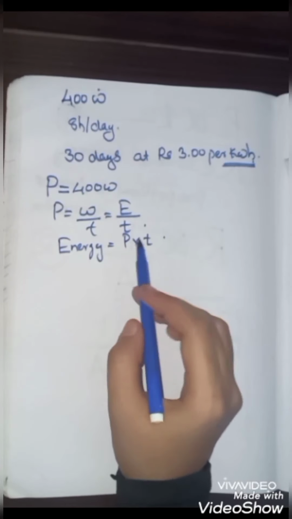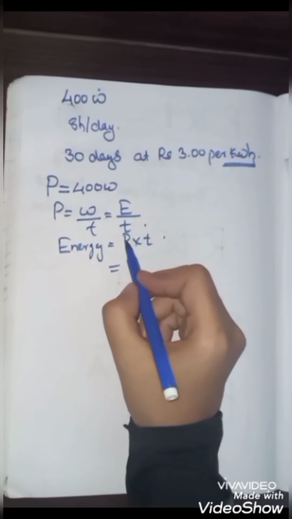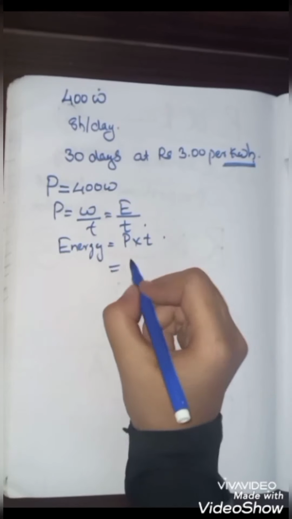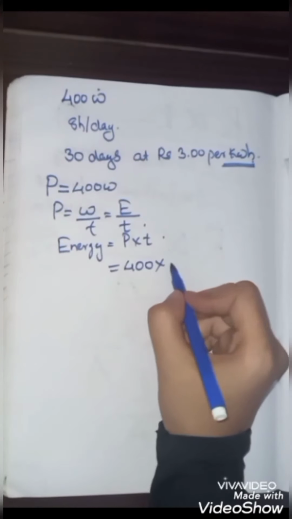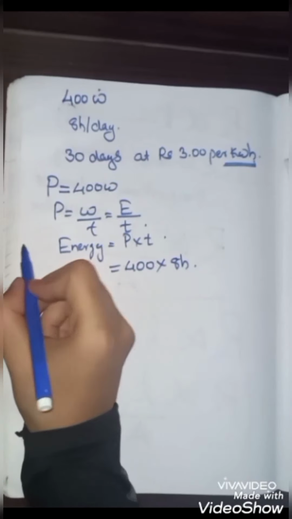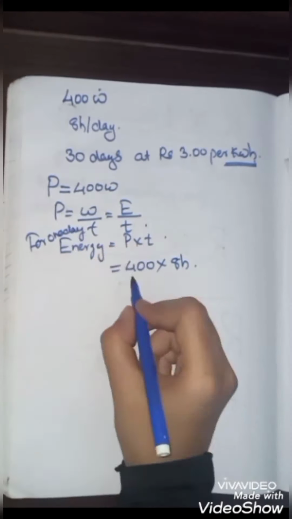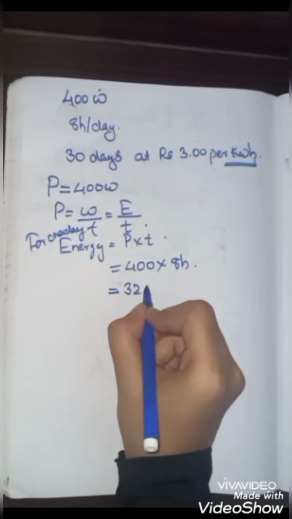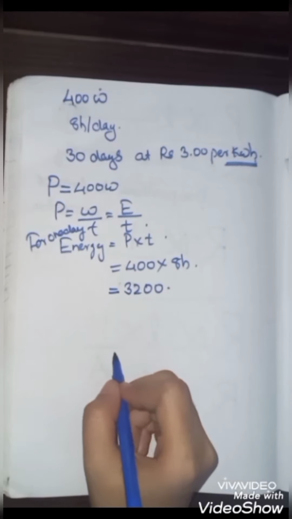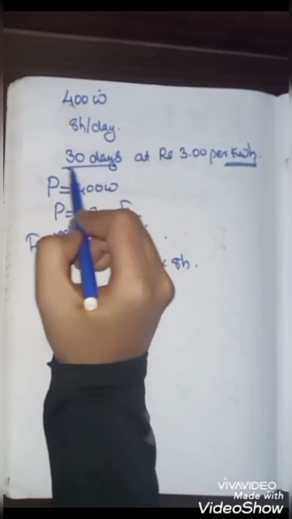Here power is 400 and time is 8 hour, for the energy of 1 day. 100 into 8 is equal to 8 into 4, it is 3,200.